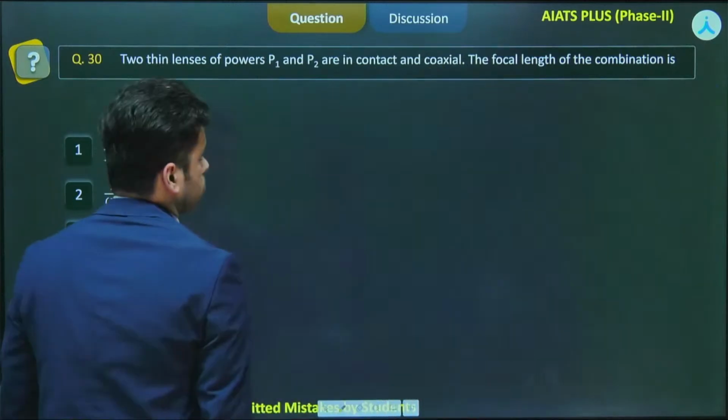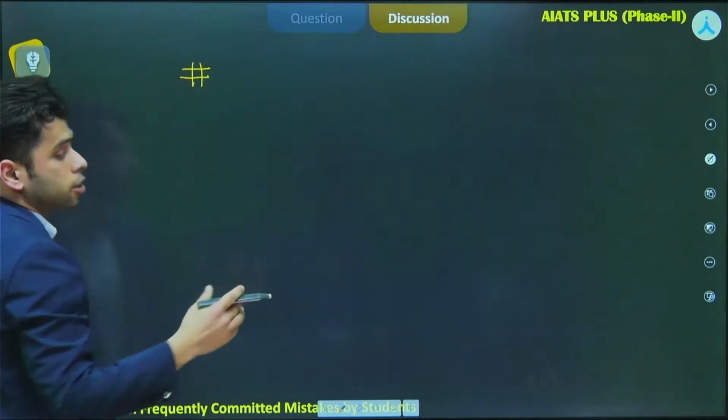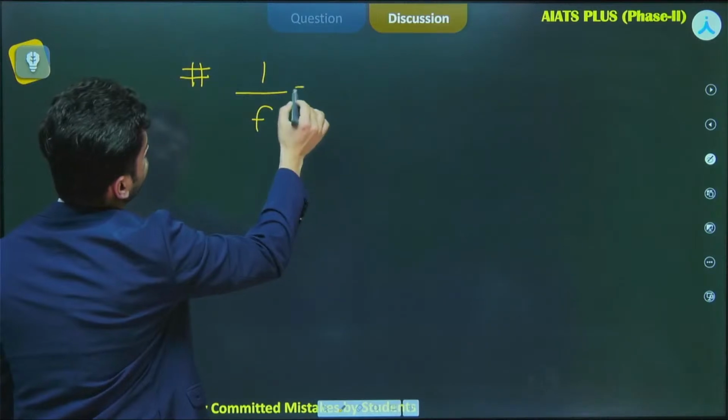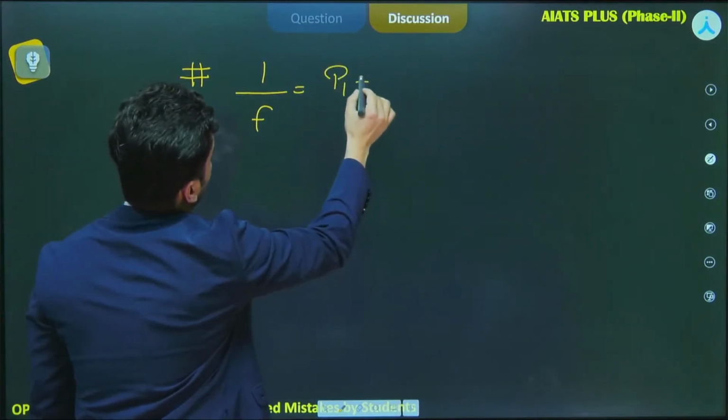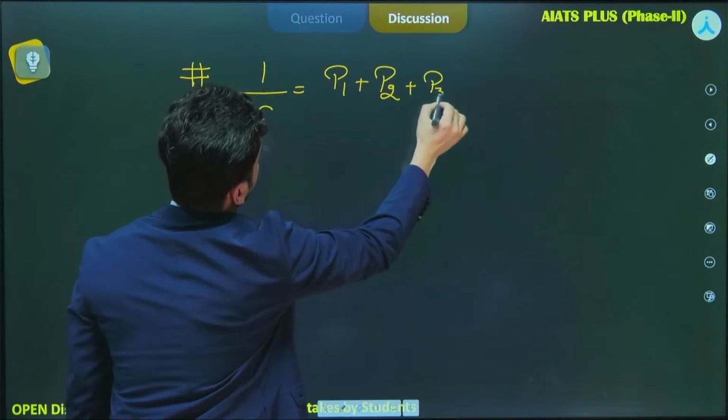Now, since we are talking about the combination of thin lenses in contact, I just wrote that 1 over F is equal to P1 plus P2 plus P3 and so on.